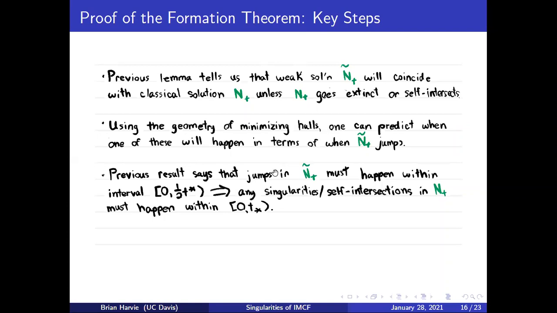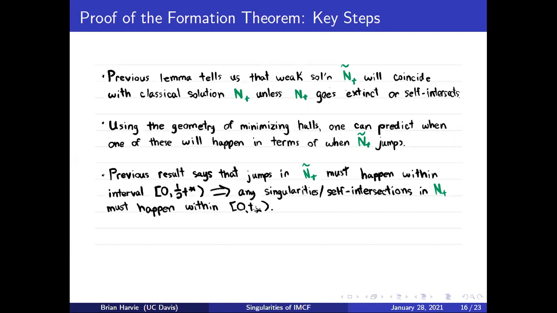So you can show that if any jumps in N tilde of t happen, like using the star-shaped thing that I mentioned before, that any jumps in N tilde of t must happen within this prescribed time interval. And if jumps in N tilde of t happen within this prescribed time interval, then singularities and self-intersections in N_t happen within this prescribed time interval.